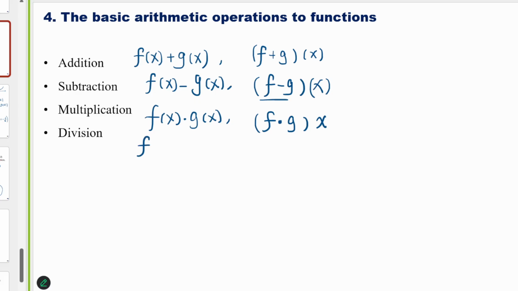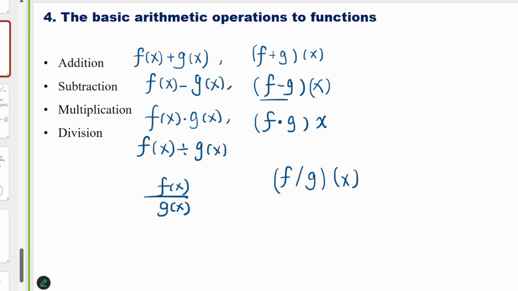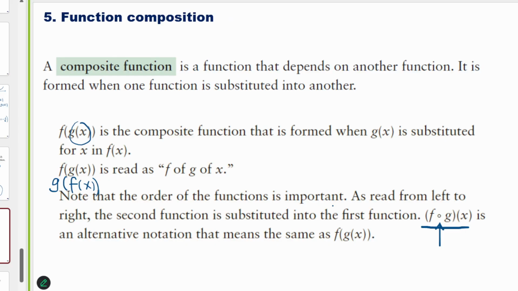And f(x) divided by g(x), or f(x) over g(x), can be expressed as f over g of x. And here, similarly, f of g of x can be expressed as f circle g of x. This is the name of the new function of x. They are the same thing, okay?